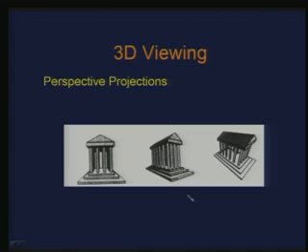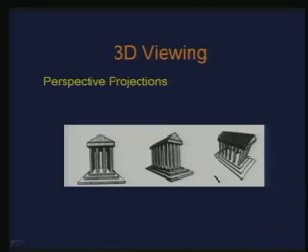But there can be parallel lines that do not converge in the scene. Parallel lines will converge and they may not be parallel to the coordinate axis. The vanishing points I am obtaining here correspond to the principal axes, the coordinate axes.